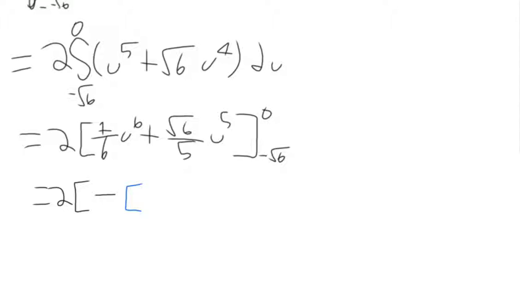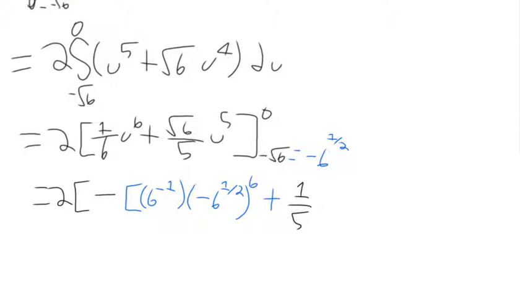So plug in negative square root of 6. Perhaps I should look at negative square root of 6 as negative 6 to the 1/2 power. So we're going to have 1/6, and let me actually put the 1/6 down as 6 to the negative 1 power. And then we have u, which is negative 6 to the 1/2 power, to the 6th power, plus the square root of 6, which I will also put down, and let me just put down the 1/5 first.